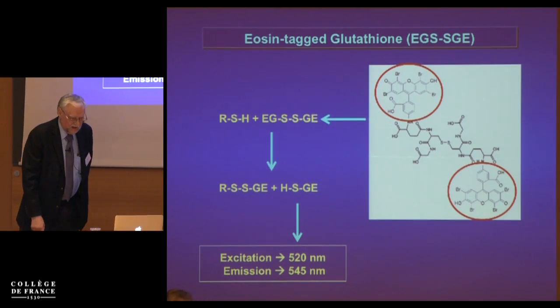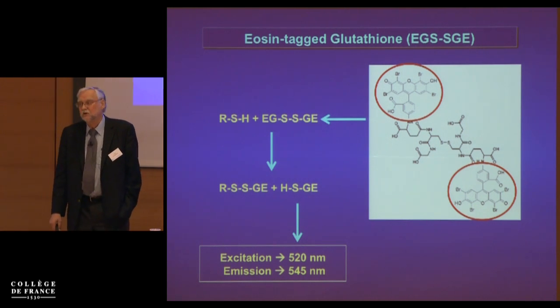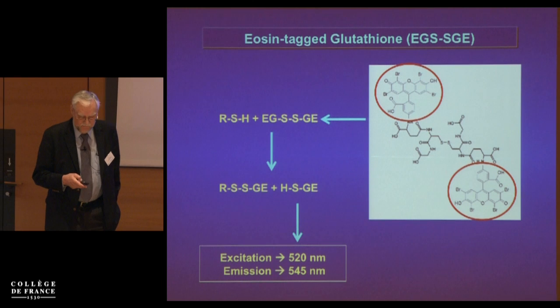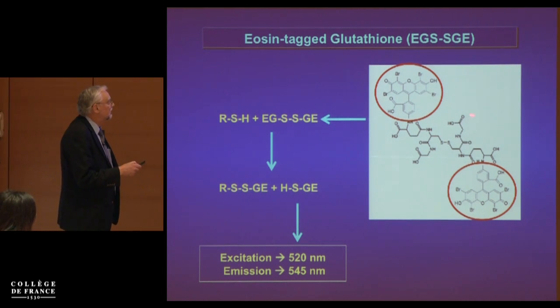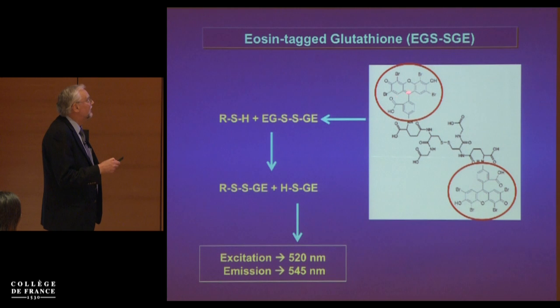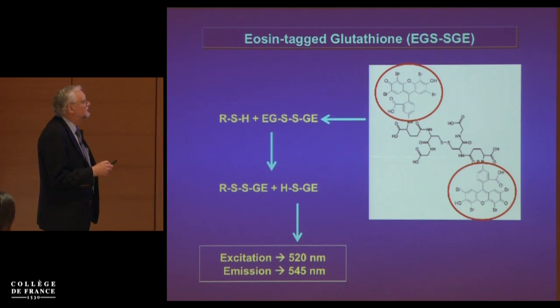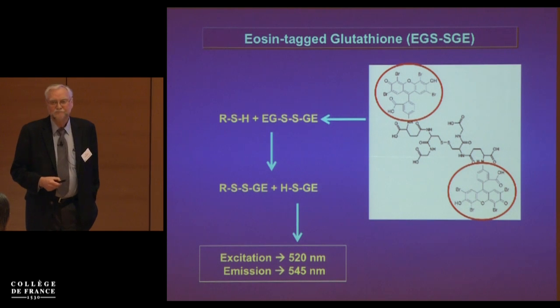We have recently worked out a method whereby we can measure glutaredoxin in a good, simple way. If you take glutathione disulfide, this molecule here, you have a disulfide there. You have two amino groups, and you can label those with eosin isothiocyanate, and you get di-eosin diglutathione disulfide.